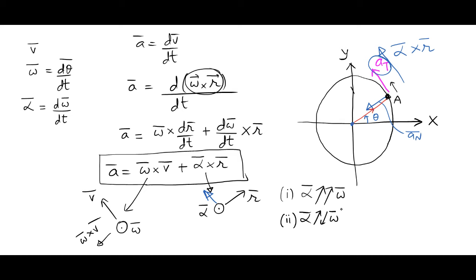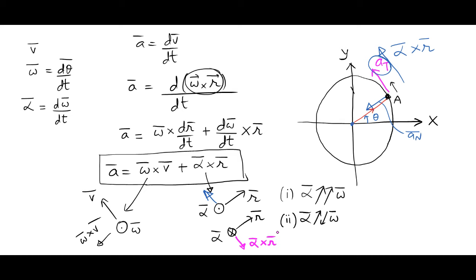Now in that case, alpha bar is that vector in that direction into the computer screen, r bar is of course still radially outwards, and you get a vector alpha bar cross r bar in that direction.